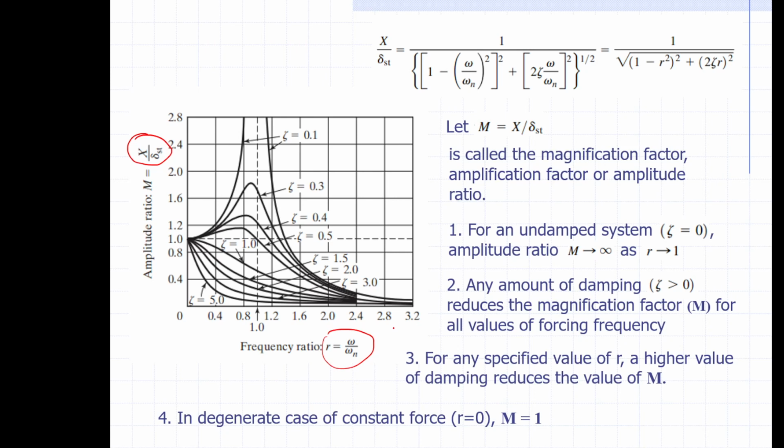Now you can observe here, if the frequency ratio is smaller than 1, then the curve is below 1. So I mean the amplitude of the oscillation becomes small.